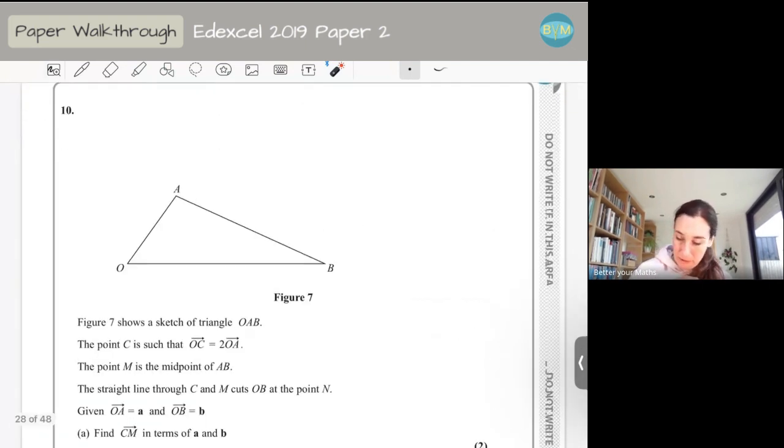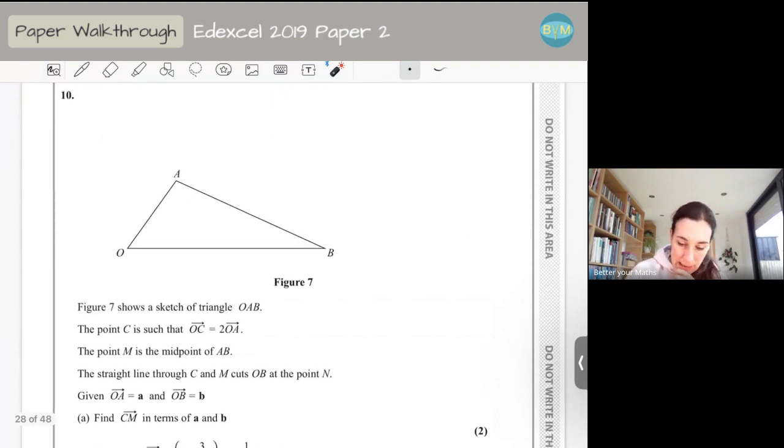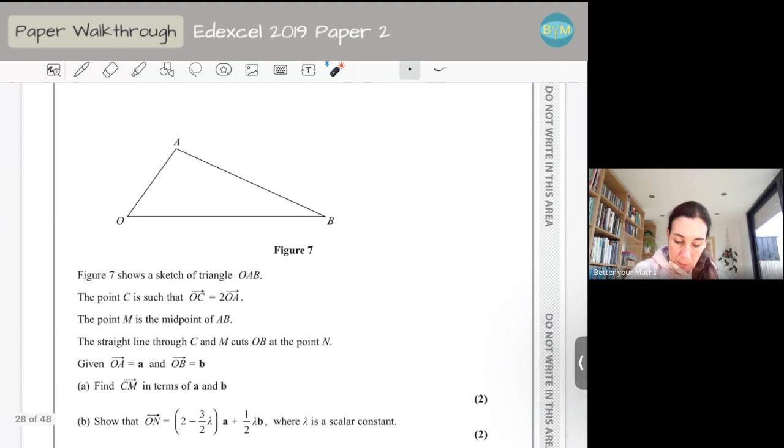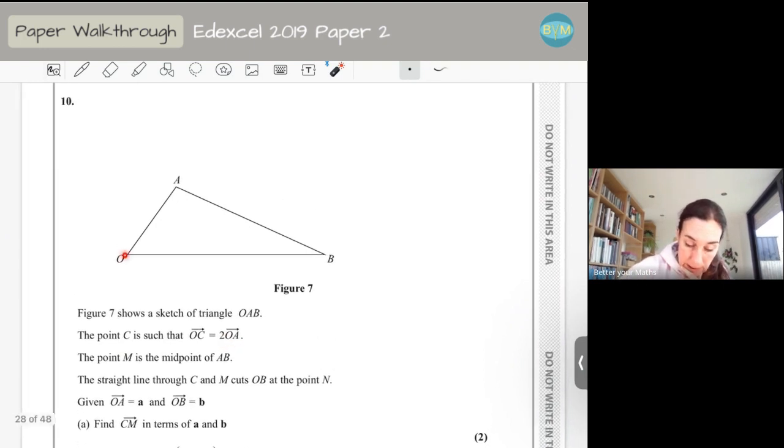Well, we have a vectors question now. Figure 7 shows a sketch of triangle OAB. So OAB is this triangle here. Point C is such that OC is twice OA. So I have another point here in this extension of OA, so C will be roughly here.